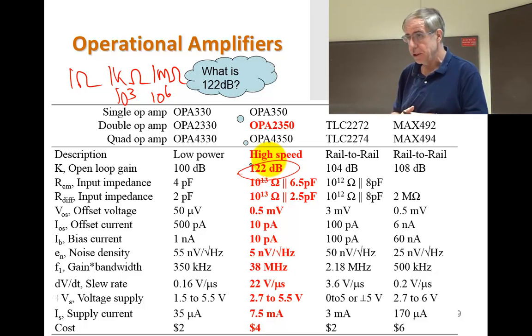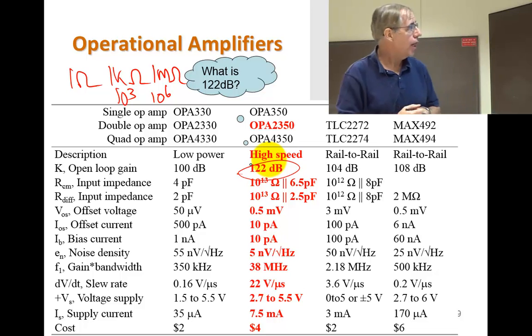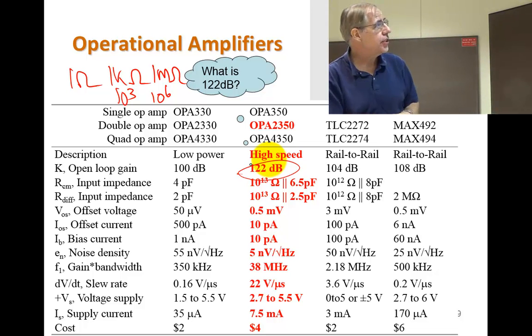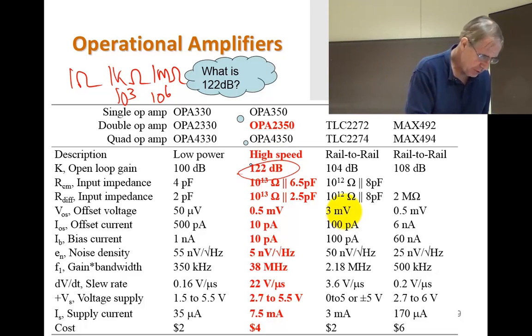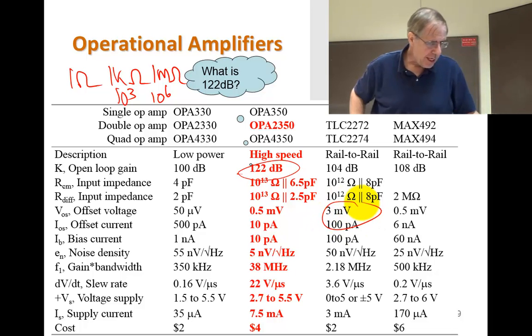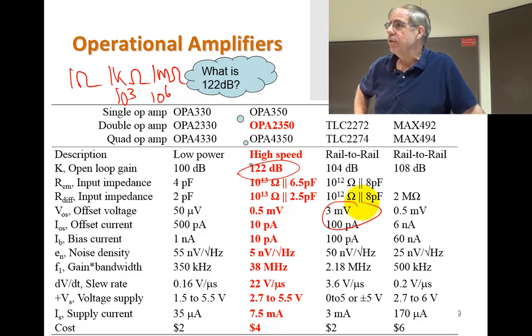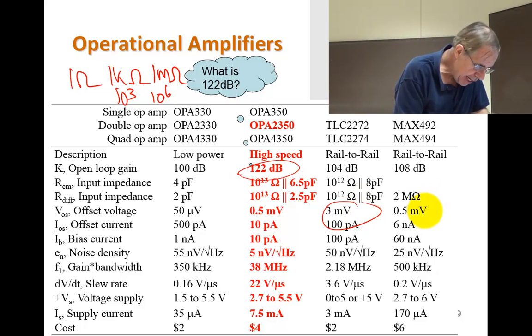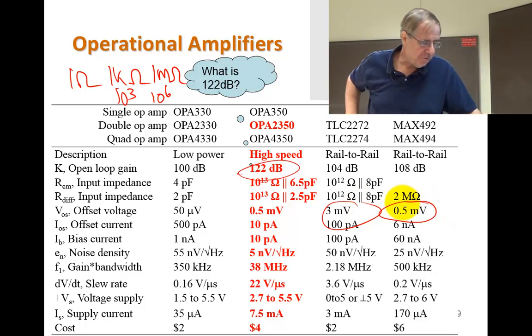Look at the columns on this. What if I decided to use a TLC 2272? What would happen to my offset error? I get worse. That's not good. What if I decided to use a MAX 492?